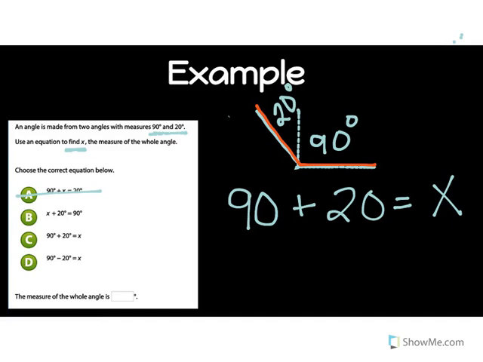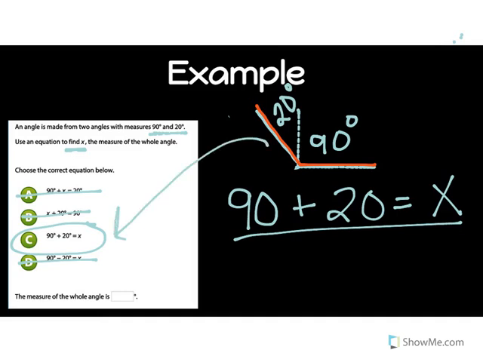That doesn't make sense. x plus 20 equals 90. Nope, doesn't make sense. 90 plus 20 equals x. Well, that's what we wrote, so maybe. 90 minus 20 equals x. That doesn't make sense. It has to be C. Guys, do you see how drawing a picture helps me figure this question out? As you work today, make sure you have a scratch piece of paper where you can draw pictures just like this one to really help you out.